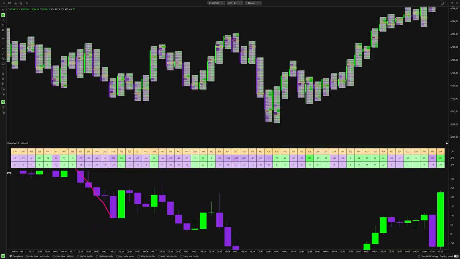Big effort, big result. Not a lot of effort, but still some result. So this tells us that in this leg of price there was less aggression, less interest, less participation. In fact, that's what a lot of order flow traders call a lack of participation pattern.